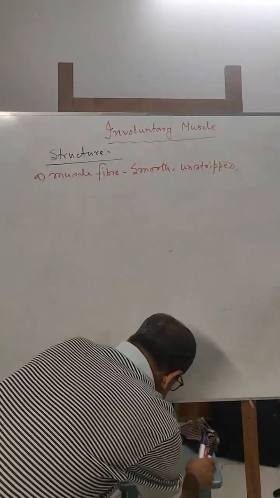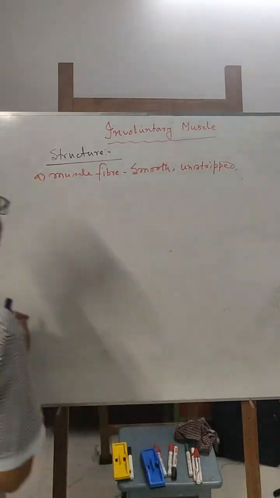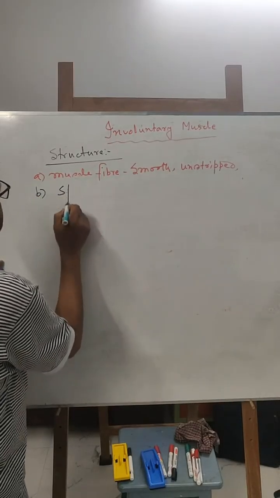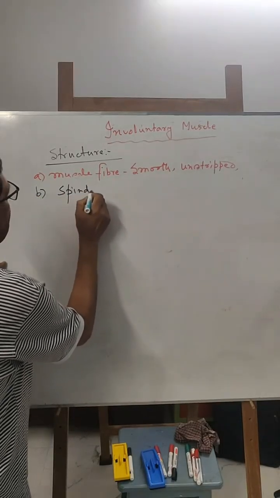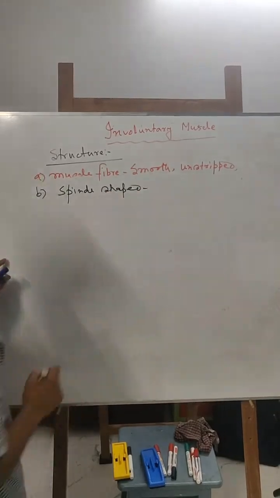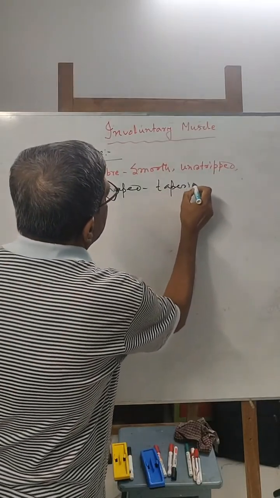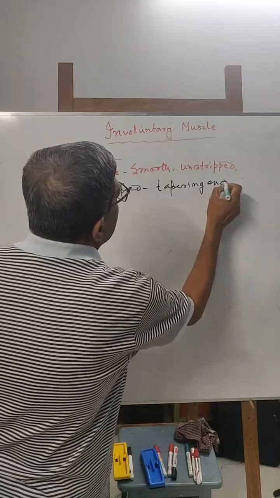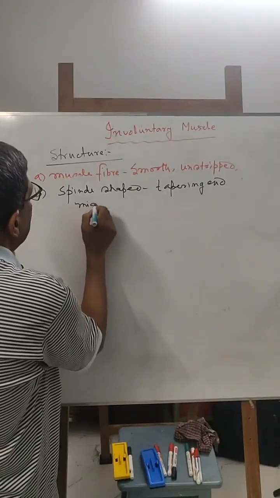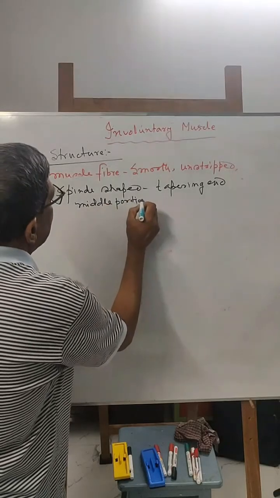B: The muscle cells are spindle shaped, with tapering ends, but the middle portion is broader.